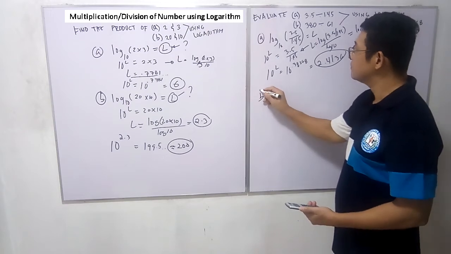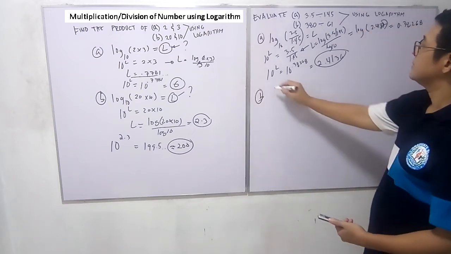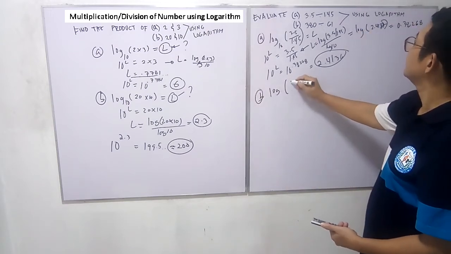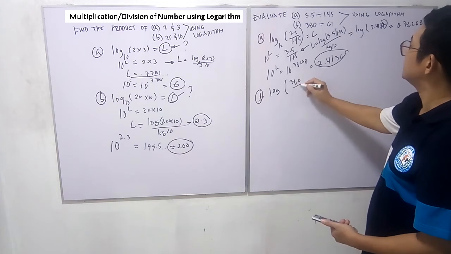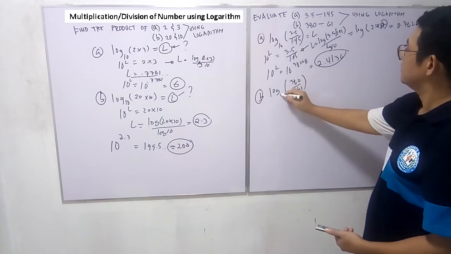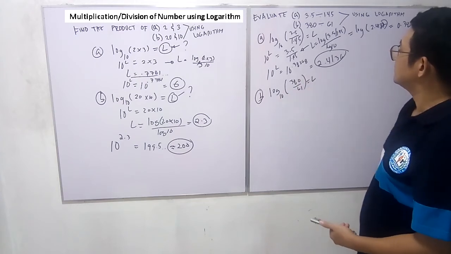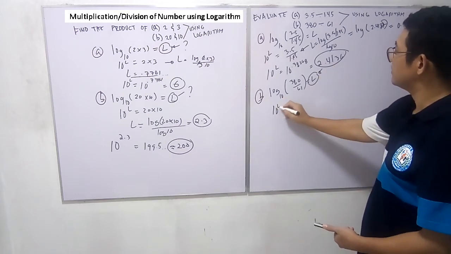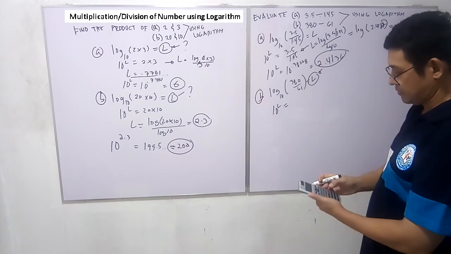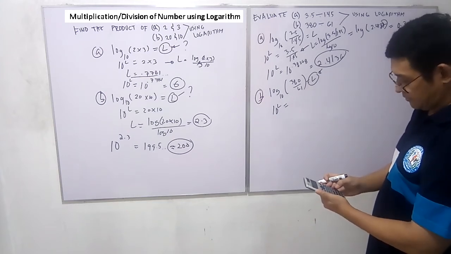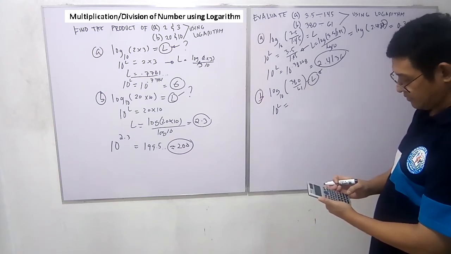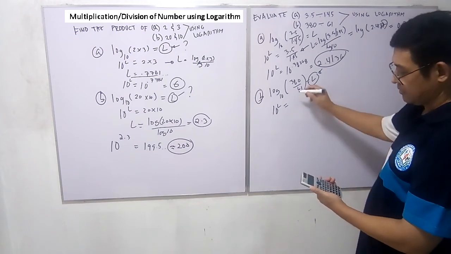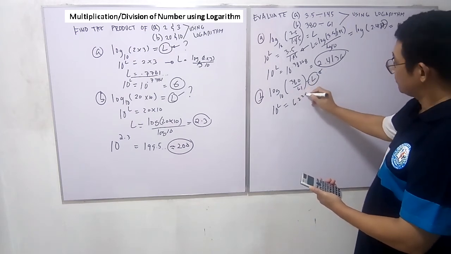Letter B. Log of 380 divided by 61 base 10 equals to L. Therefore, kailangan natin kunin yung L. Therefore, 10 to the power of L equals to 6.2295.